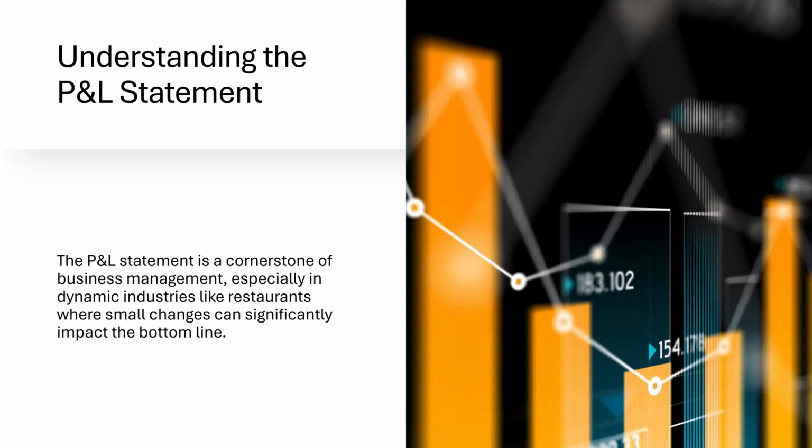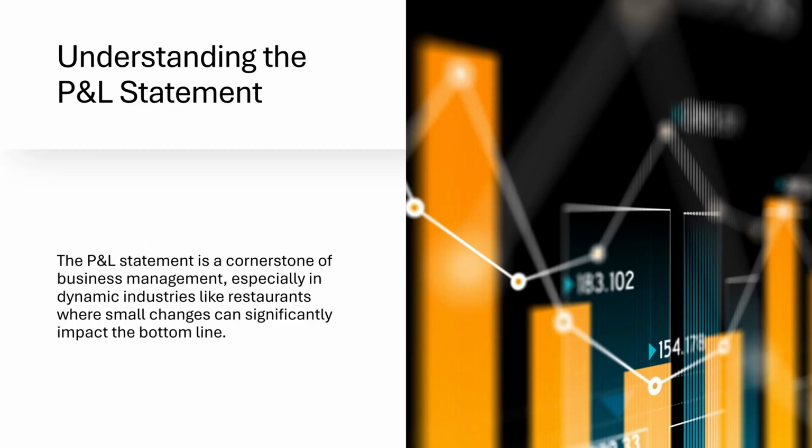So understanding the P&L statement. The P&L statement really is the cornerstone of business management. And again, as I spoke about earlier, it is prevalent in almost every business, or should be. Especially in dynamic industries, ones that can change quite quickly, like restaurants, where small changes can significantly impact the bottom line.